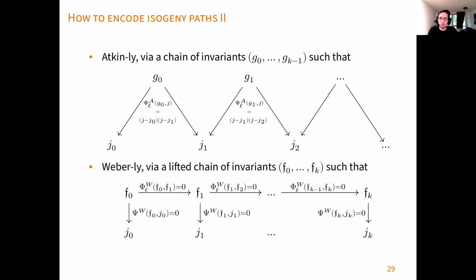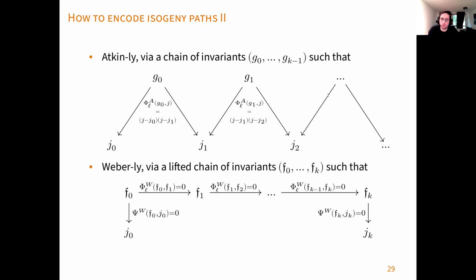But of course, in a proof of knowledge, we are only given the starting and the target j-invariant as public parameters, so we can forget about this middle step. And what we only need to do is initially lift the first j-invariant to an f-invariant. Then we can walk in the setting of f-invariants, and then at the end we need to confirm that the last f-invariant that we obtain actually projects down to the j-invariant that we want to reach again.